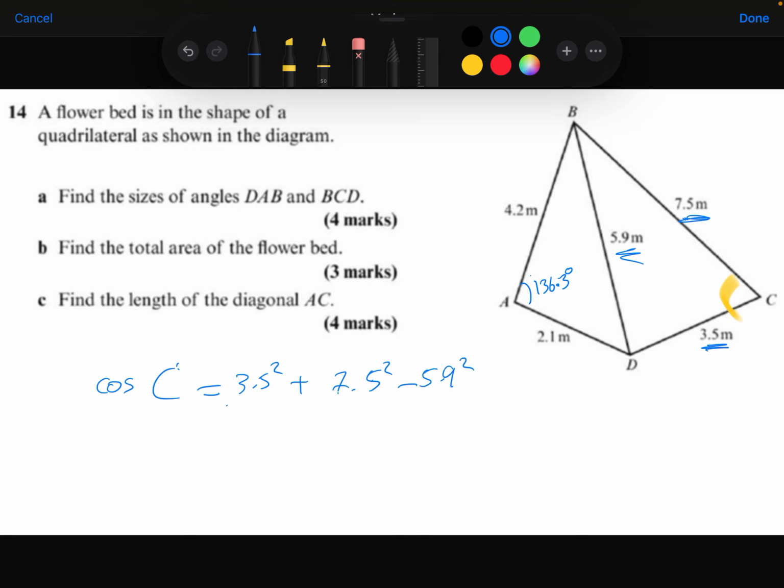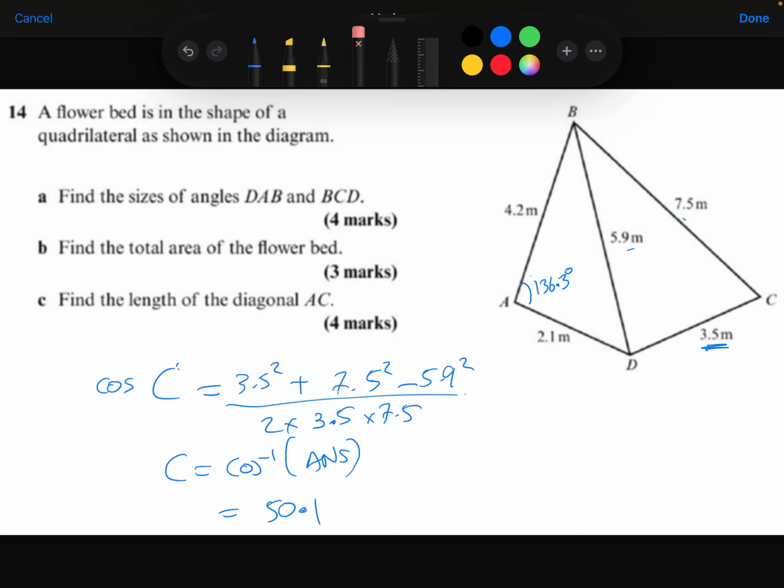Again, that has to be the one that I subtract because that's the one that is opposite the angle I'm trying to work out. And then again, if I do cos inverse of that, I find that I get 50.1. So this angle is 50.1. So that's part A done.